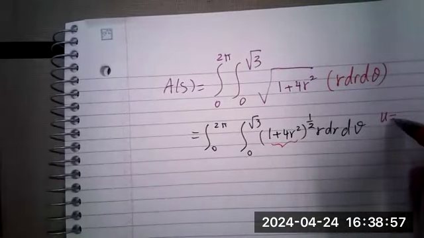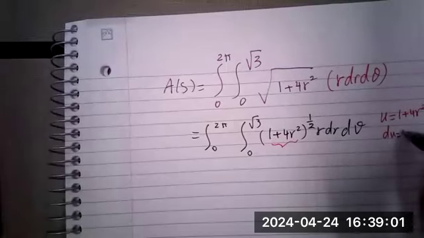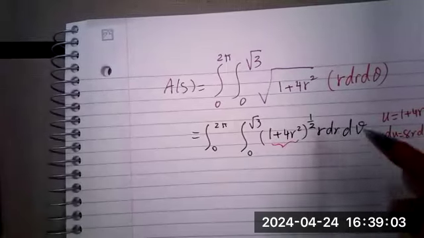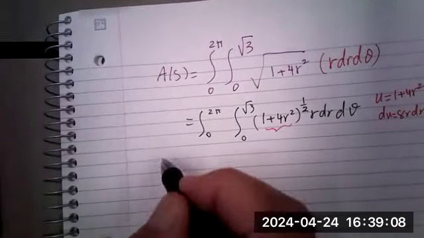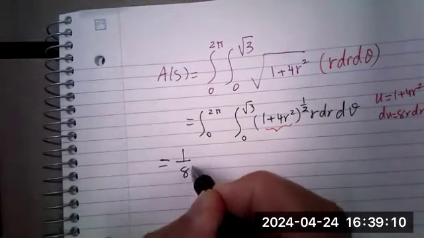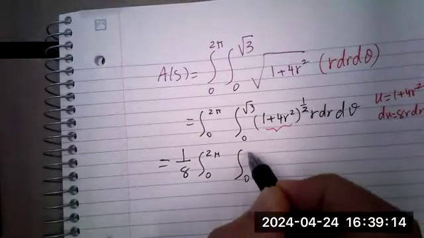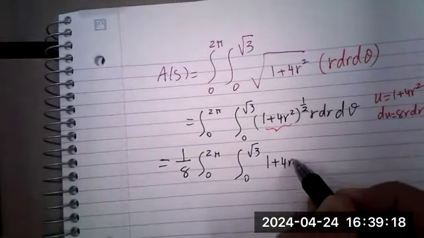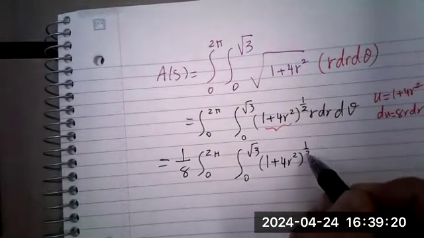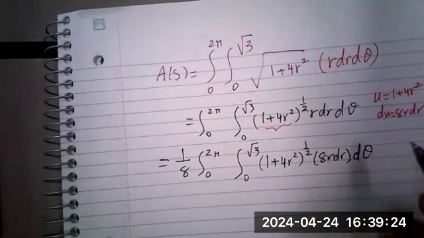If you take u to be 1 plus 4r squared, your du would be 8r dr. So you need an 8. So you divide the outside by 8, 0 to 2 pi, and you multiply the inside one by 8. So 1 plus 4r squared to the half, and you have 8r dr d theta.